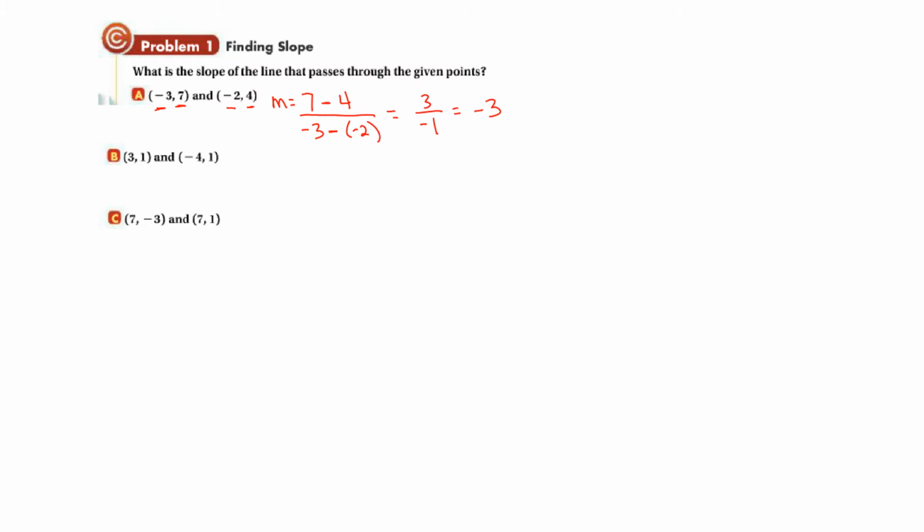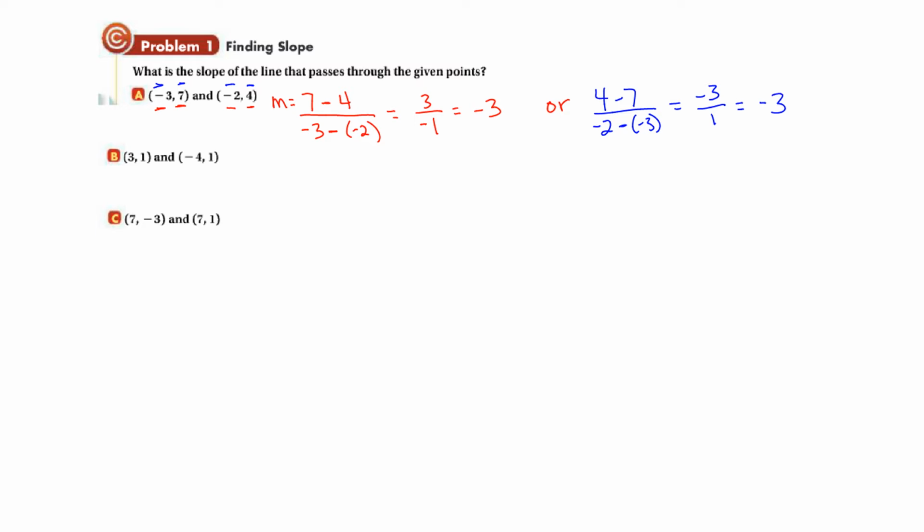And I can do it the opposite way. I can take the y of my second point and subtract my y of my first point and put it over the x of my second point minus the x of my first point, which would give me 4 minus 7 is -3, -2 minus -3, which would be +1, which when you divide, you get -3.